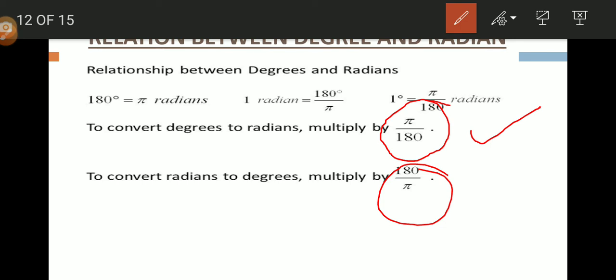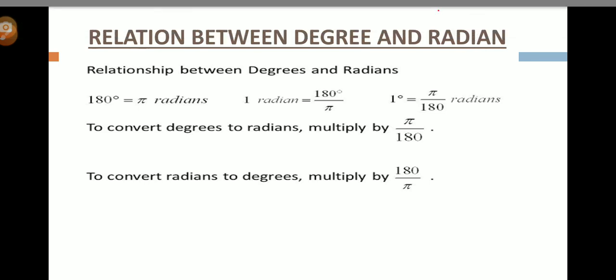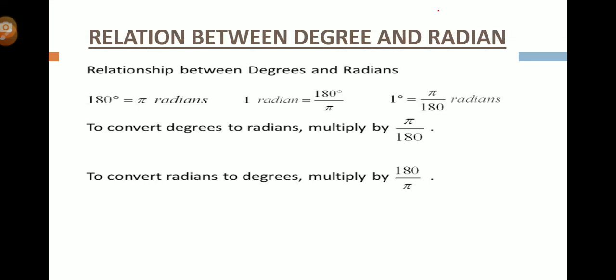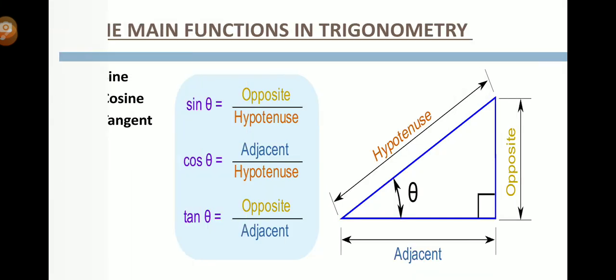This is the relationship between degrees and radians: 180 degrees equals pi radians. So 1 radian is 180 degrees divided by pi.